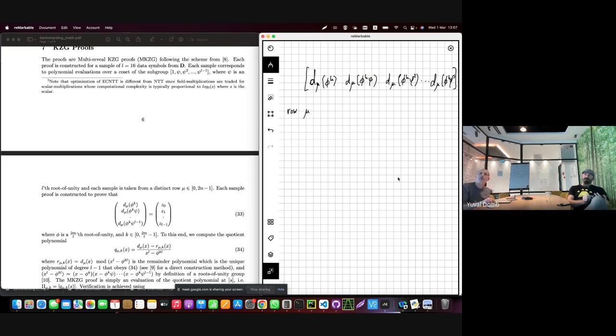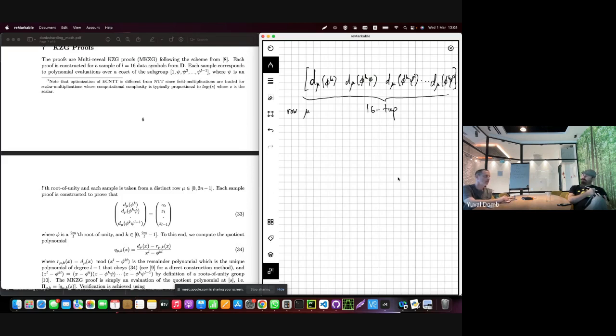Okay, so what we want to do with this 16 tuple is an opening proof for these 16 data points. We want to do it for every 16 tuple, in the original data and also in the interpolated data.